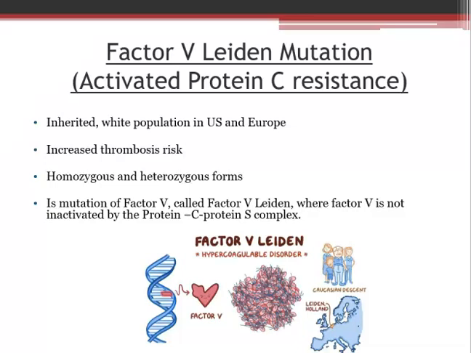Again, this is a mutation that's affecting your factor V coagulation factor, and it's where the factor V is inactivated by the protein C S complex, and it gets its name from the area in Holland where a lot of descendants suffer from this particular mutation.